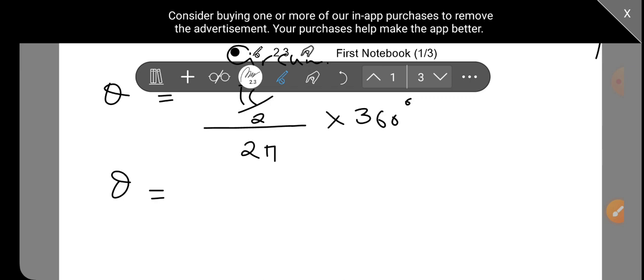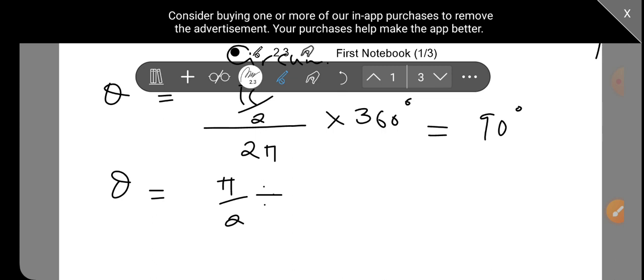So here, this is the same as pi by 2 divided by 2 pi, remember, divided by 2 pi. I just want to show you, because the answer here is 90 degrees. I just want to show you how I'm getting there.